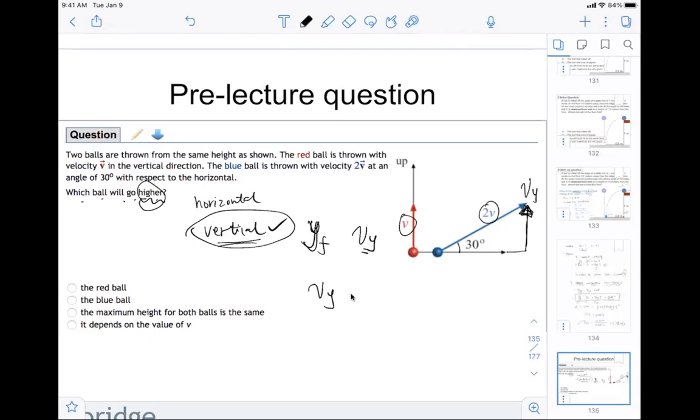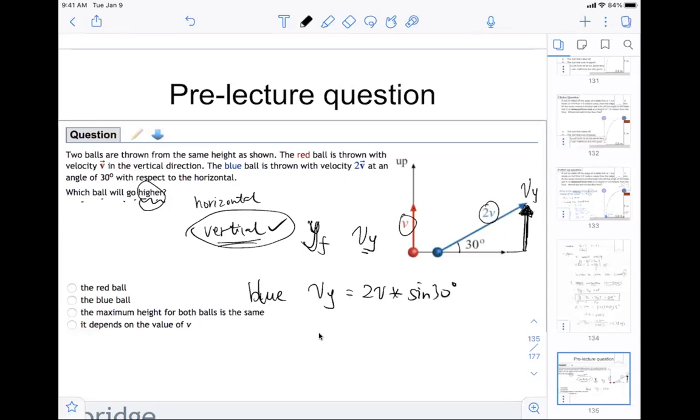So VY initial for the blue ball is the hypotenuse times sine 30 or cosine 30, if I want this VY. Is it sine 30 or cosine 30? Sine. Sine 30. Very good.